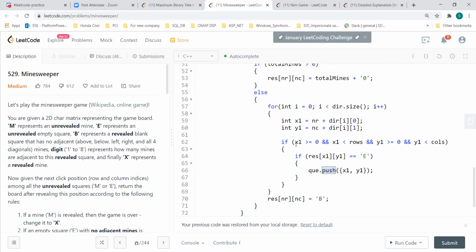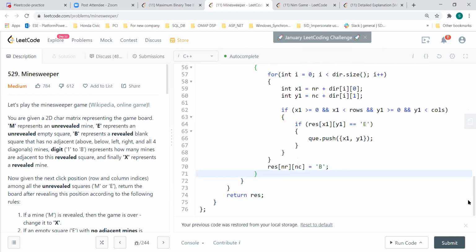Because I go to all its neighbors, this is where I'm visiting the neighbors and putting them in the queue. After I'm done with that, I mark that particular cell as B. That's the only thing we have to do.